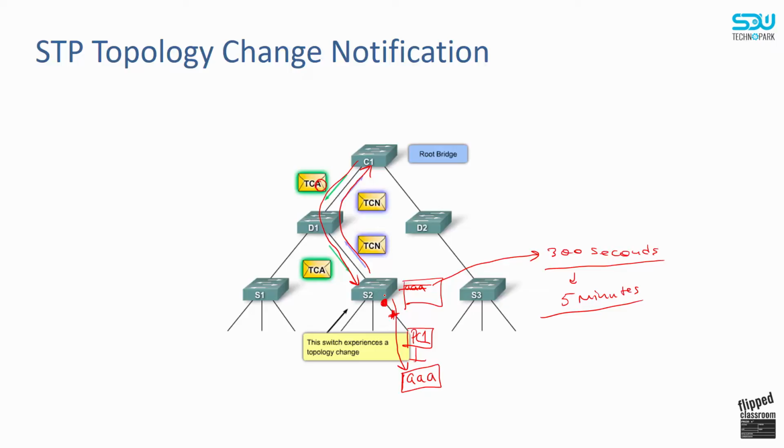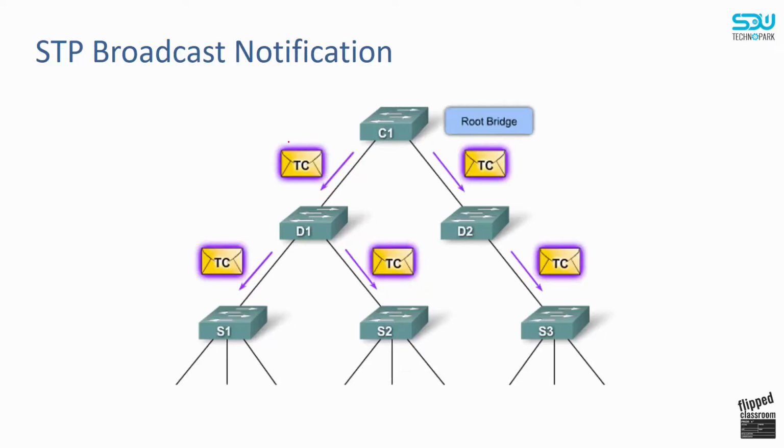And afterward, switch C1 will tell all switches about these changes, so that these switches will take off the value of AAA from their MAC address tables. All of them maybe knew about this MAC address AAA, and now they have to take off this information from their MAC address tables.